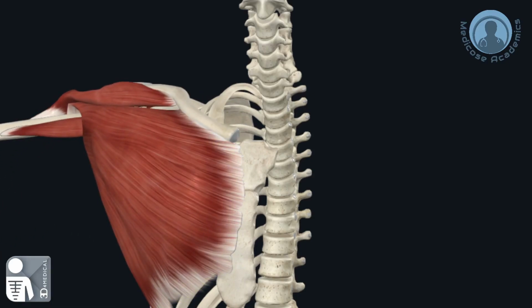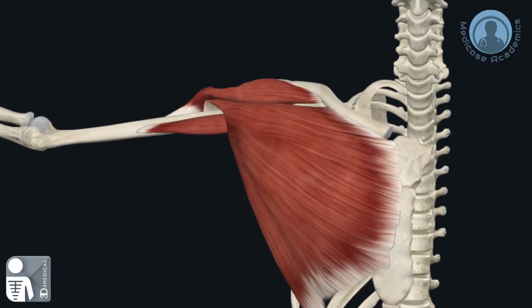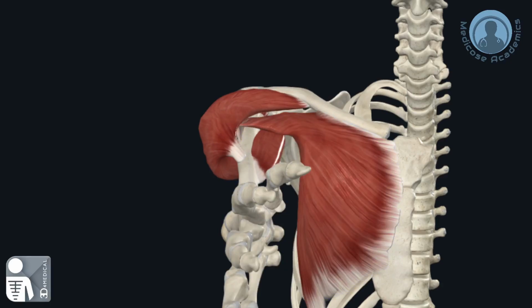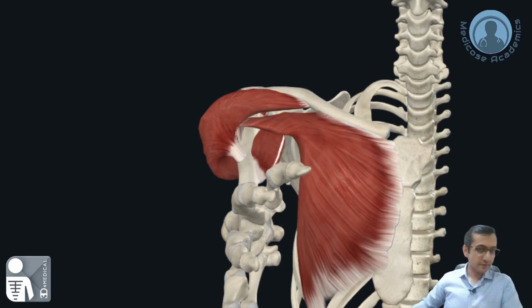When the arm is abducted, this is how you test the muscle. You ask the person to abduct the shoulder, and then adduct. You can ask to adduct by this method, or you can just ask the person to put the hand up and bring it to the middle.